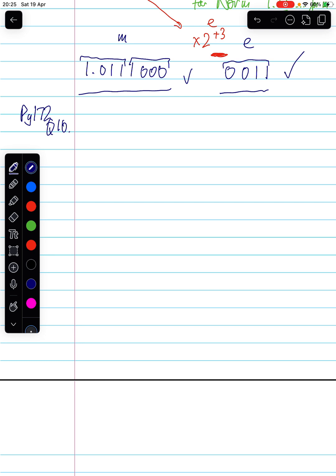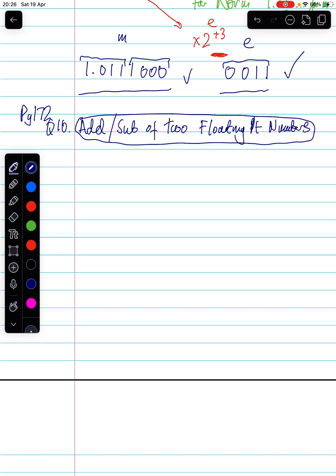This type of question I'm going to call addition or subtraction of two normalized floating point numbers. Okay, so that is the type of question we have.